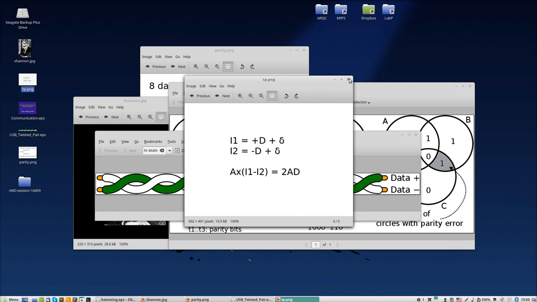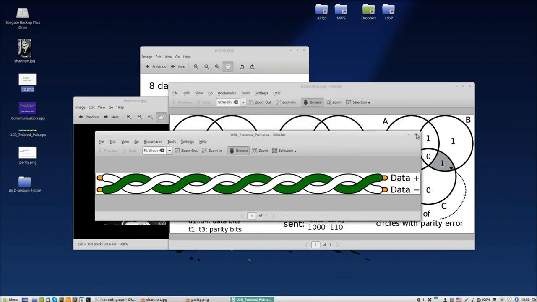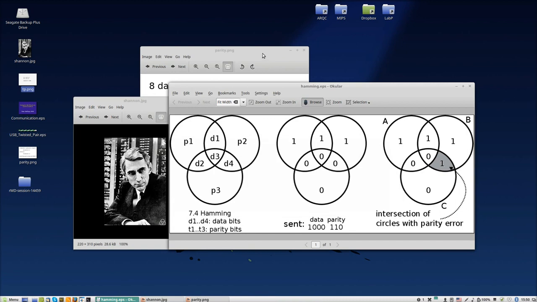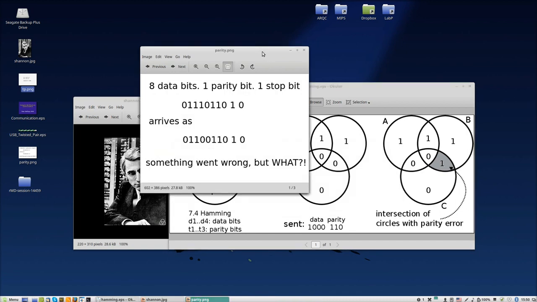Another way of reducing the noise is by adding redundant information. That is to say, it is not new information, because redundant information is information that you would know on the basis of the other bits.